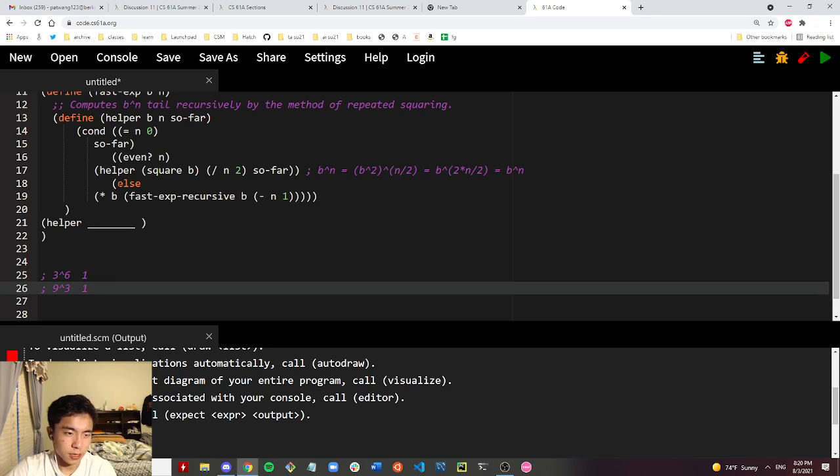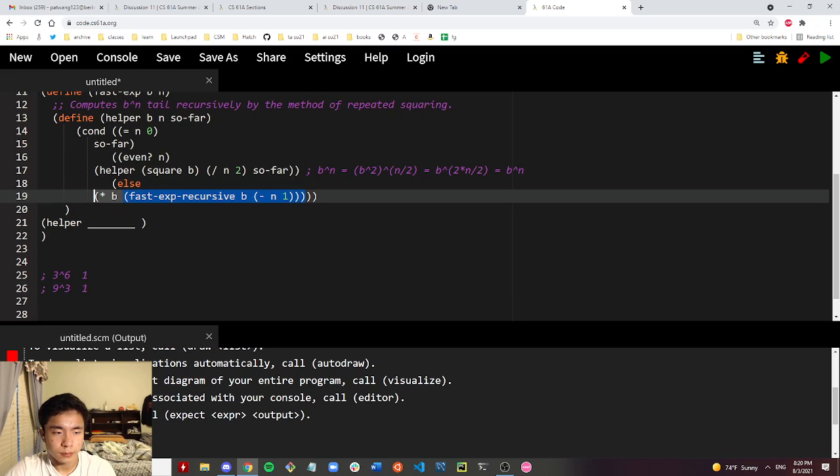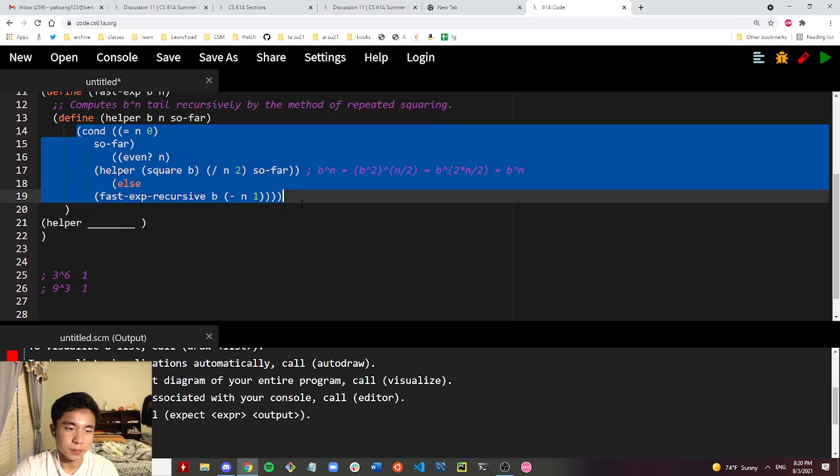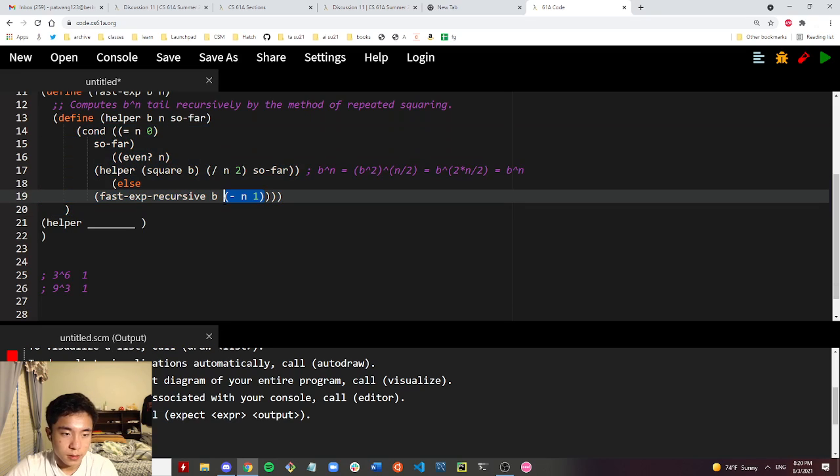And then let's handle the case when it's odd now. In a typical recursive function, we're just going to multiply it by b. But from our experience with tail recursive functions, we can multiply by b right here. So what's going to happen is that we're going to do Fast-exp of b to the n minus 1, and we're going to store that information in so far.